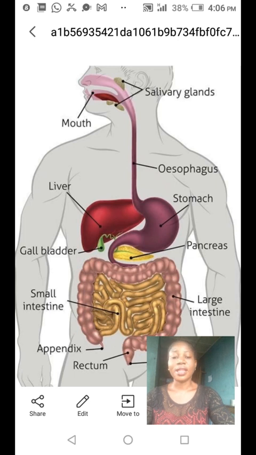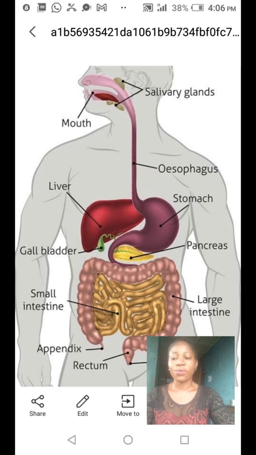Good. Now, organ number 7 we're going to talk about is the duodenum. Although it is not really shown in the diagram, it is the upper part of the small intestine. Now the duodenum contains 3 types of enzymes.